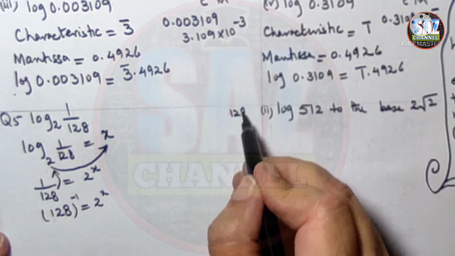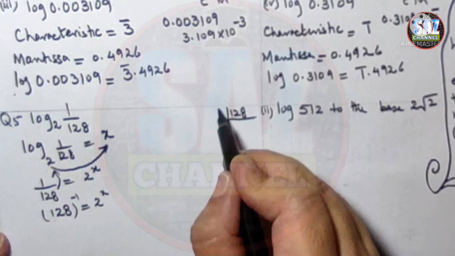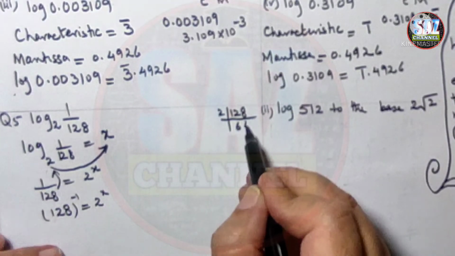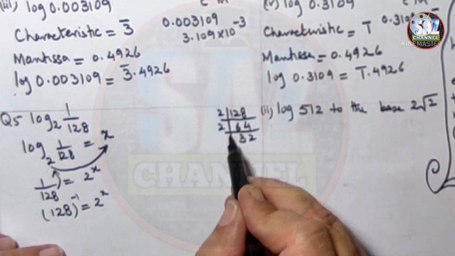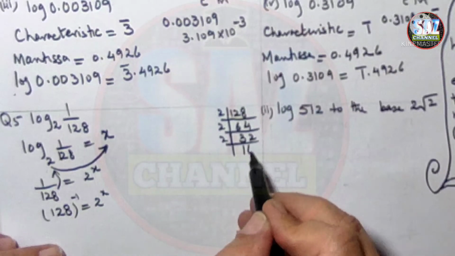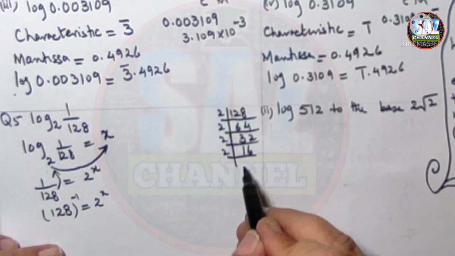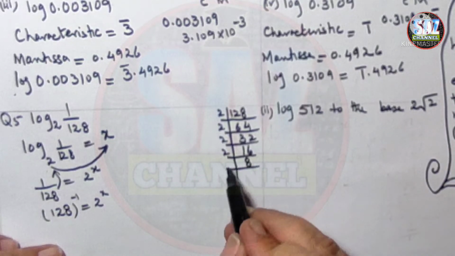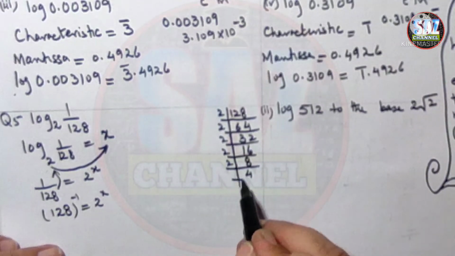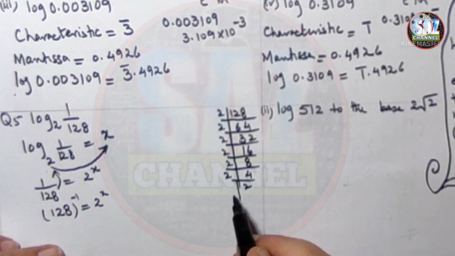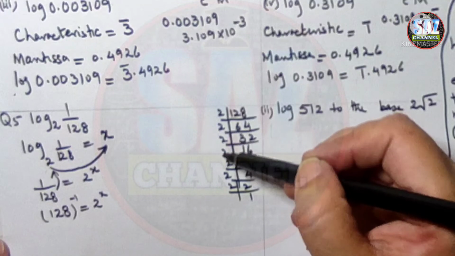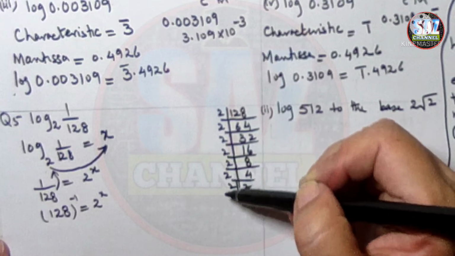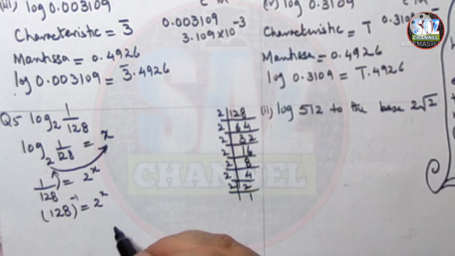Carefully: 2 times 64, 2 times 32, 2 times 16, 2 times 8, 2 times 4, 2 times 2, and 2 one time. 2 to the 4, to the 8, to the 16, to the 32, to the 64, to the 128.